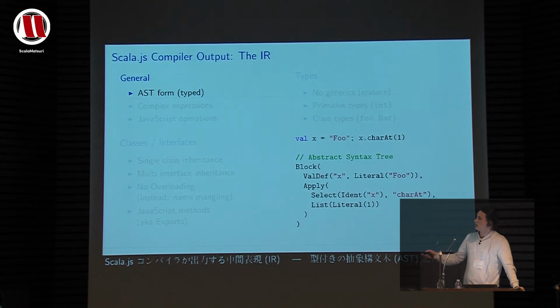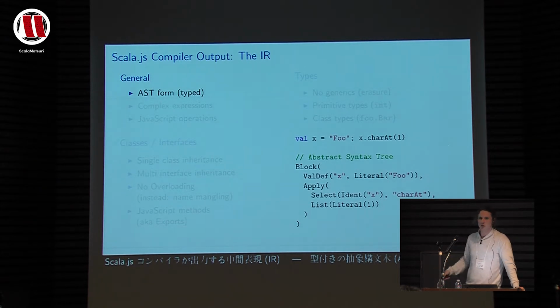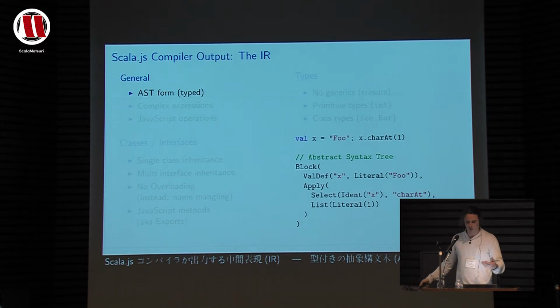That's the name x. The value, what we actually assign, is the literal foo. And it just abstracts a couple of nice things. For example, whether we have a semicolon here or a new line, it doesn't matter anymore at this stage because we don't really care. So it's easier to work with that in the compiler. Typed means just that every one of these nodes has a type attached to itself. So the literal there is a string, x is a string, and so on and so forth.